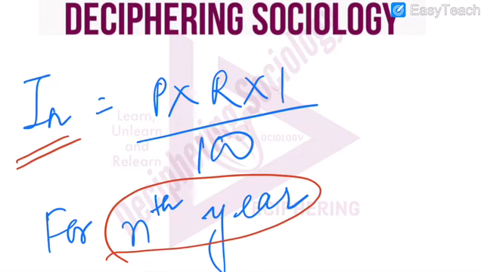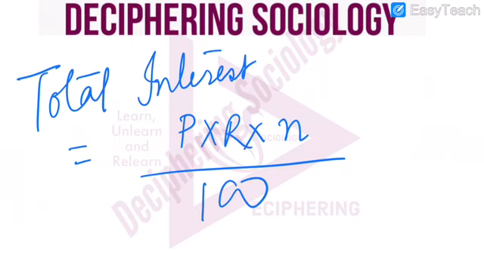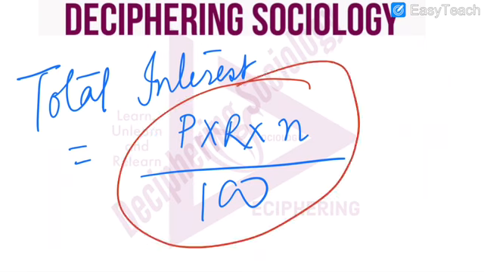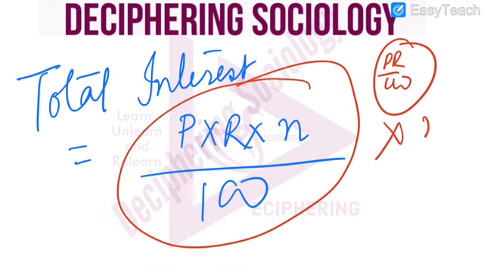But this is not the case in compound interest. For simple interest, the total interest would be PR by 100 for each year into n number of years.